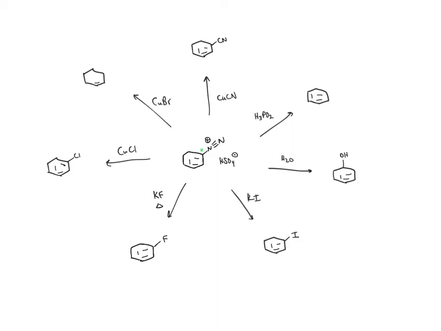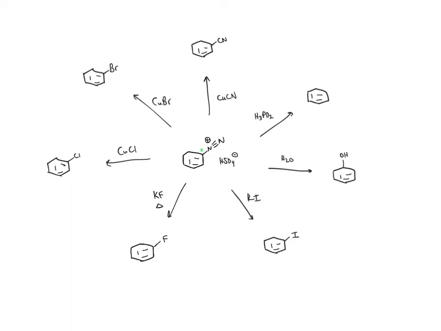So a different way of making the bromo and chloroaromatics. Now some of these reactions have specific names. And so let's talk about some of those reactions and what the mechanism of these reactions might be.